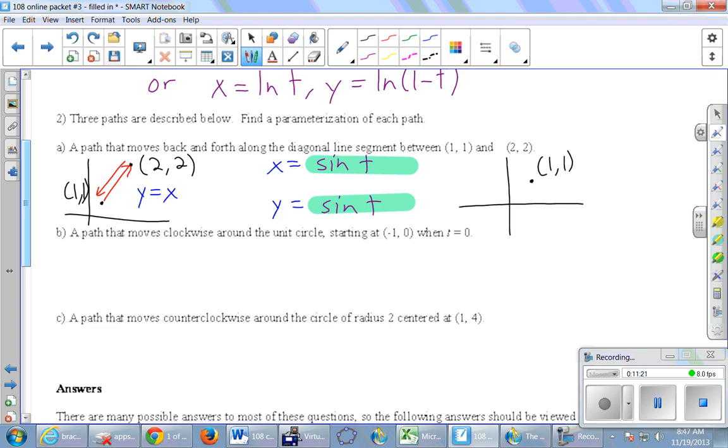And what's the smallest that x and y can be? What's the smallest value that sine of t could ever take? Well, it could get to -1, and the same thing here. So this guy is also going to get down to -1, which isn't what we want, but it's going to be y equals x the whole time. And so in fact, what we've written down is a parameterization for this part of the line between 1, 1 and -1, -1.